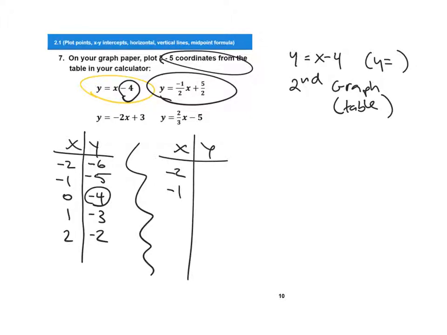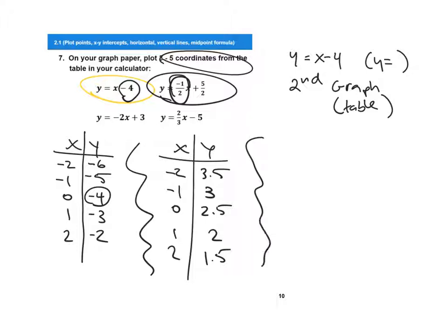So at negative 2, negative 1, 0, 1, 2, this allows me to look at some x values that are negative, some x values that are positive, and 0. So negative 2 would be 3.5, negative 1 would be 3, and 0 would be 2.5. So you notice that the slope here is negative 0.5, so it is dropping by 2 each time. So that's what I'm asking. And use the graphing calculator to create your table of data.